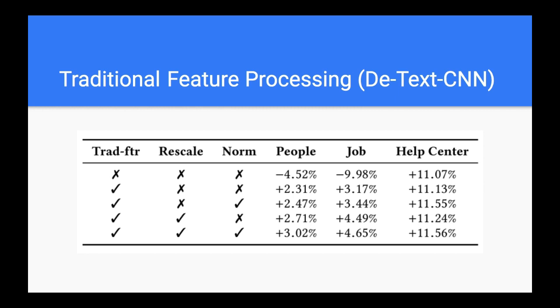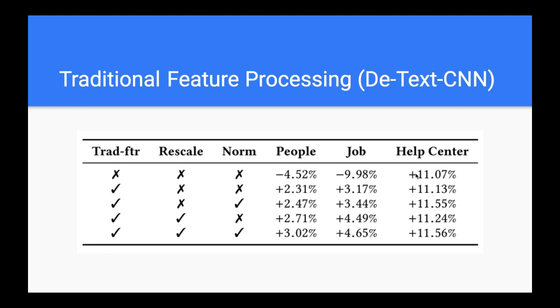Okay, so they also do an ablation test on the traditional features. In the first line they don't use traditional features at all, and this is like a DeText-CNN model, a baseline, right? So you can see the performance decreases a lot compared to the real baseline model, the XGBoost, right?